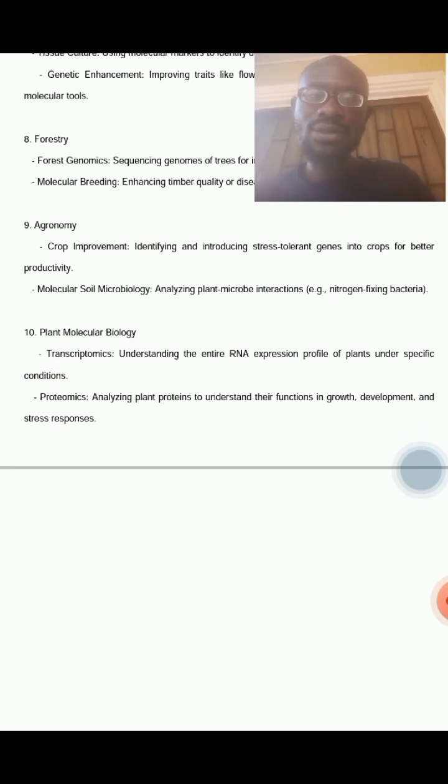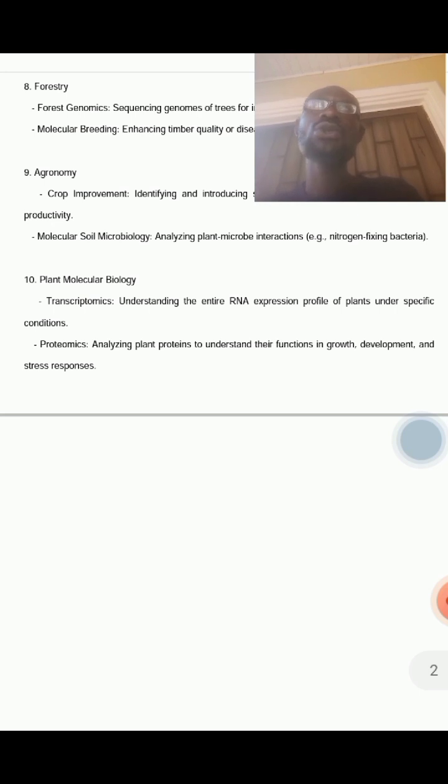Then of course for plant molecular biology, we have what we call transcriptomics, where you take the profile of all the RNA. We have different types of RNA. You take their profile and then you assess them. Then for proteomics, just like the name implies, you are doing protein analysis, because proteins are very important. Your enzymes are of course proteins, so you want to know all the proteins that are involved in a particular plant and their functions, and the ones that you do not like.